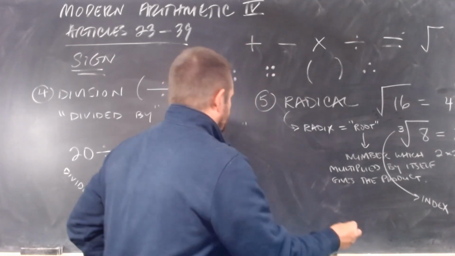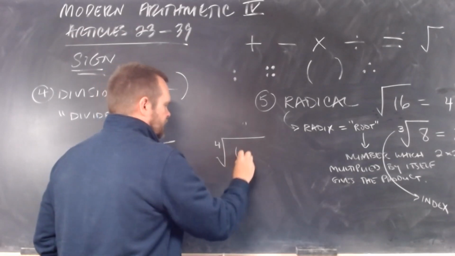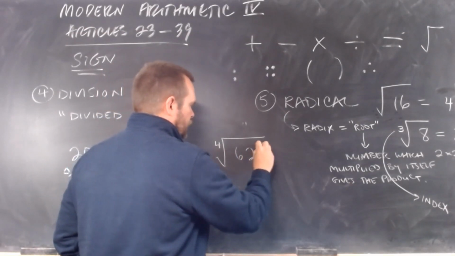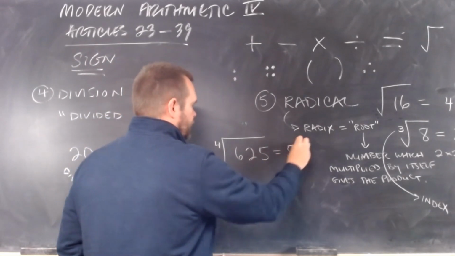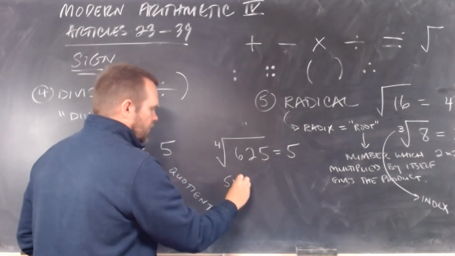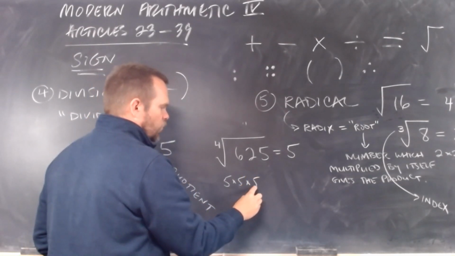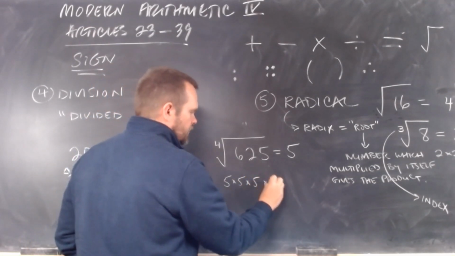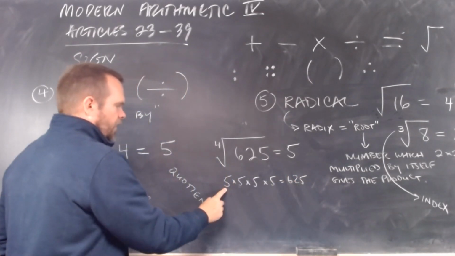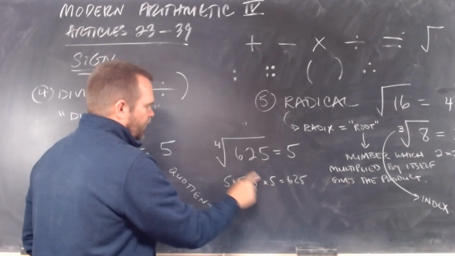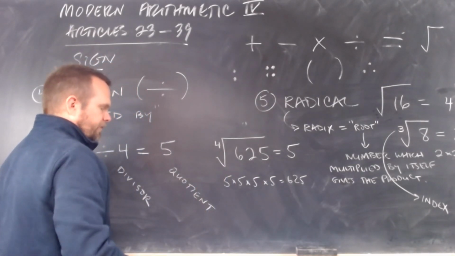One of the examples in the book is the fourth root of 625. And the answer to that is 5, because 5 times 5 is 25, times 5 is 125, times 5 is 625. 5 multiplied by itself 4 times produces 625.